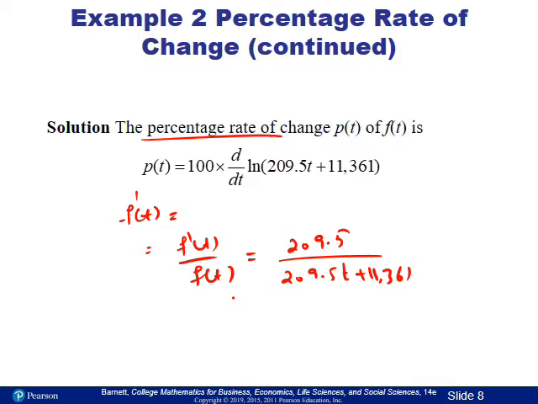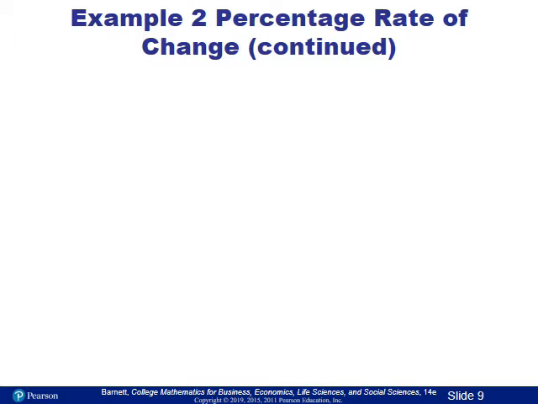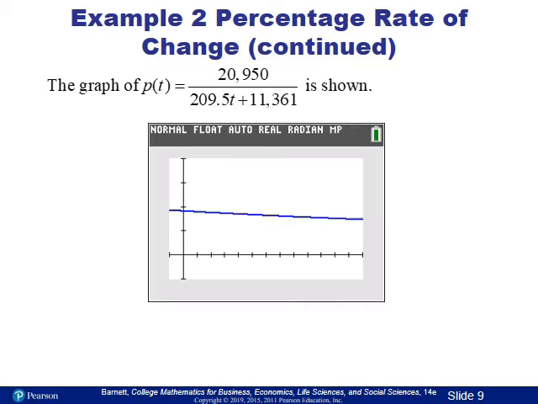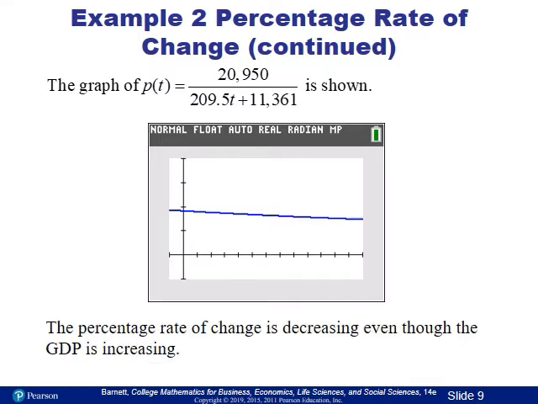So for the percentage rate of change, we multiply it with 100. So you can see here it is like this, and now we can show it in a graph as well if you want to draw the graph.